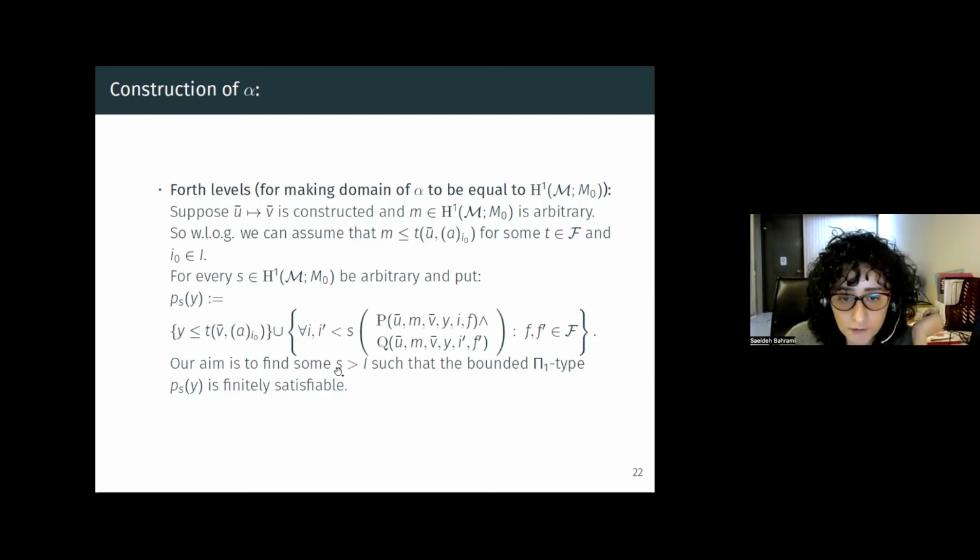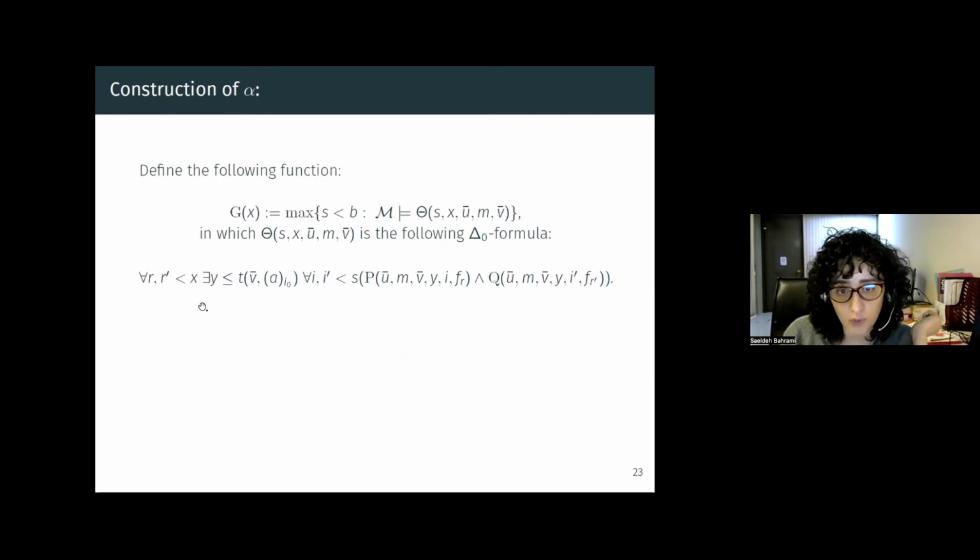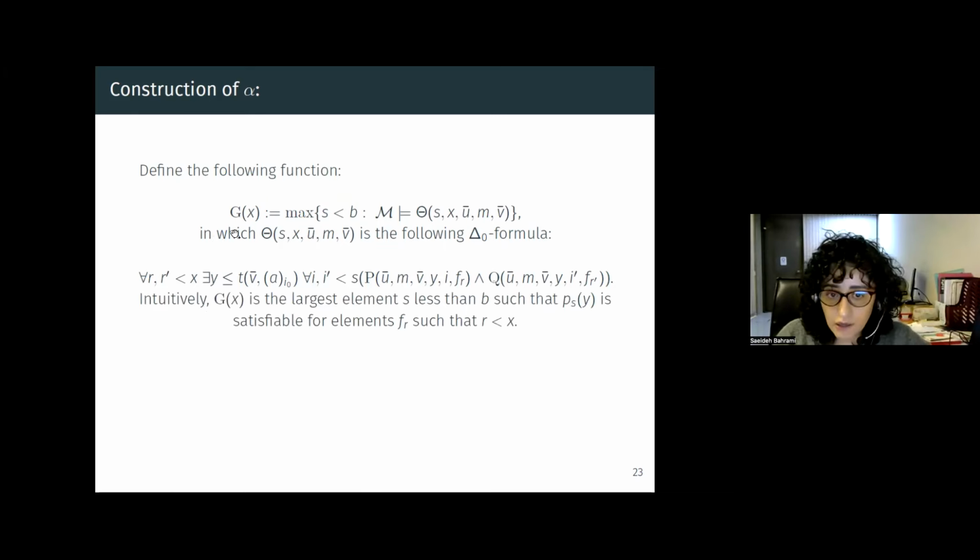So we are searching for such S which makes P_S of y finitely satisfiable. In order to do this, we define a delta zero function, which says, intuitively, that g of x is the largest S. This B here is for making it bounded.